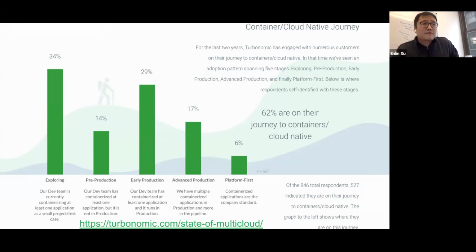Based on some of the conversations I had with some of the biggest banks in the world, I heard a lot about the 6% that is showing here. A lot of people told me about the platform-first strategy, which is basically the new standard, especially for greenfield applications: every application has to be run in a container. There are several parallel things going on together, right?